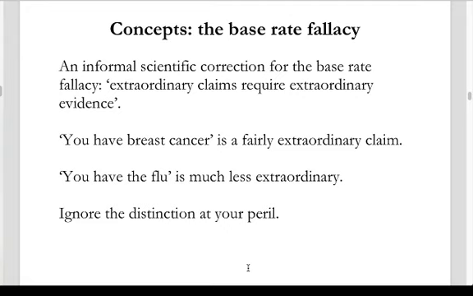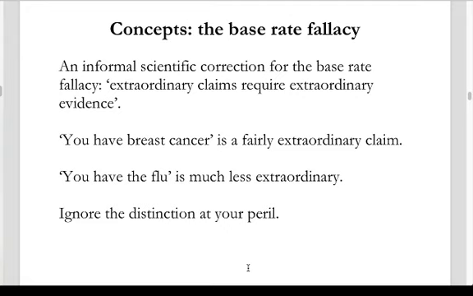And so, a way that scientists talk about this in the scientific context is to say that extraordinary claims require extraordinary evidence. Right? And a way of rephrasing that in terms of priors is that claims with low prior probabilities require much stronger likelihood evidence to be judged probable than claims with higher prior probabilities.